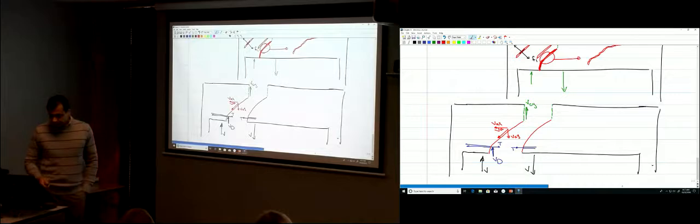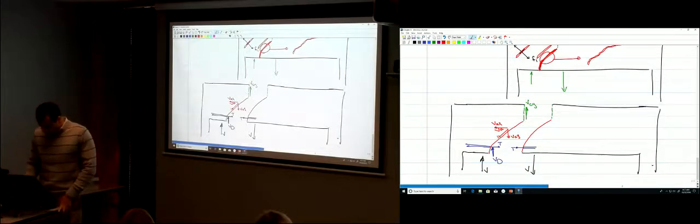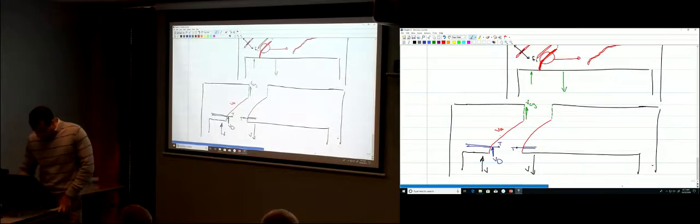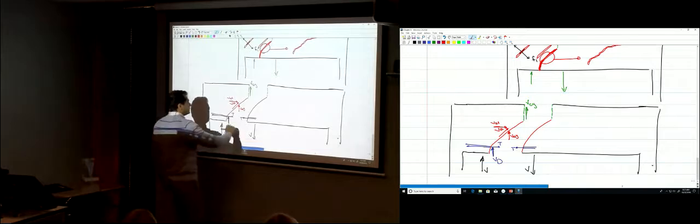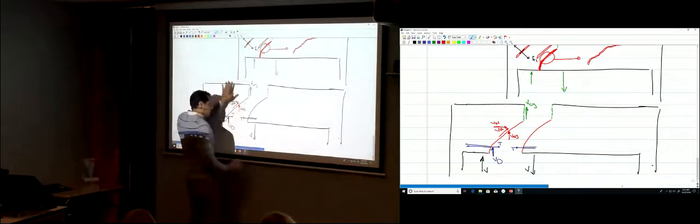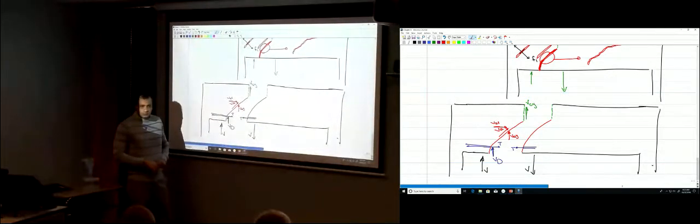So actually, let me draw this in the opposite direction. VAX and VAY, okay? So all of those forces are resisting the shear force, okay?